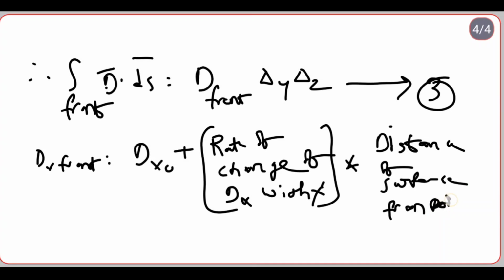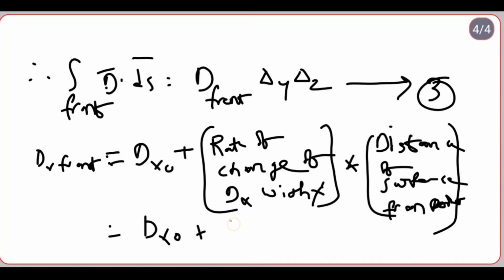That we can write as dx front equal to dx naught plus rate of change of dx with x-axis, that is the partial differentiation, dou dx by dou x in x-axis direction, into, that is multiplication, the distance of surface from point P, that is delta x by 2. It is half of the distance.